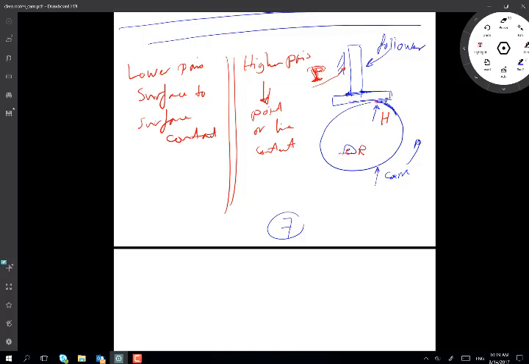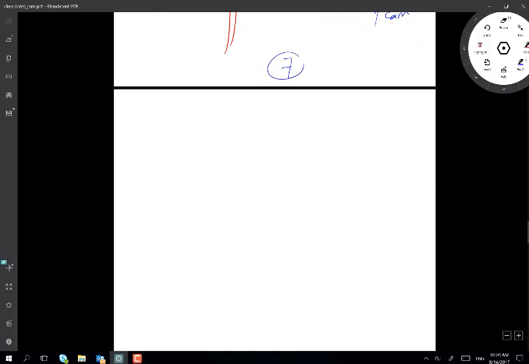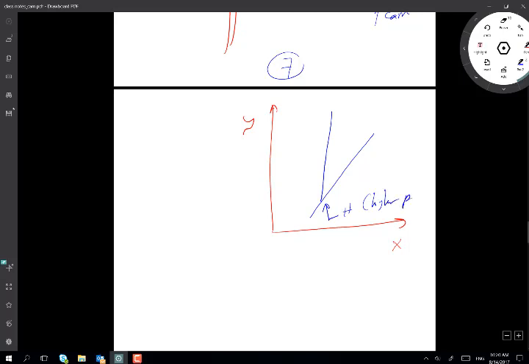Higher pairs do affect, or should be considered in, our degrees of freedom equation, and that's how we think about it. Let's just reason with that. If I have two links, link number one and link number two, attached with a higher pair H, how many degrees of freedom do I have?